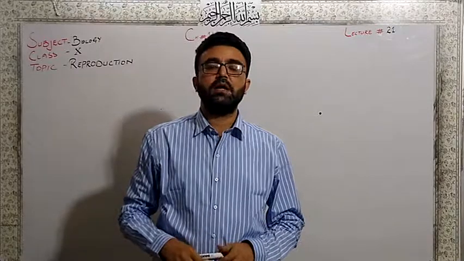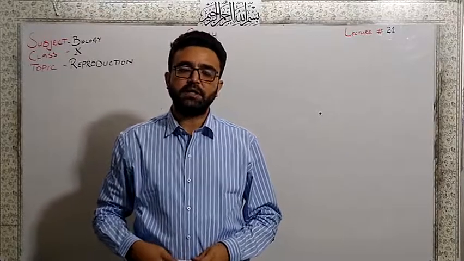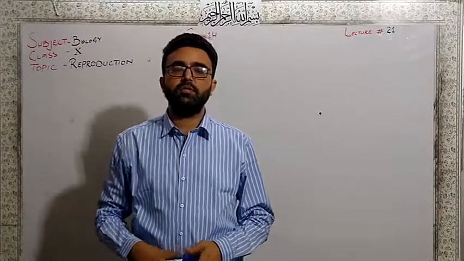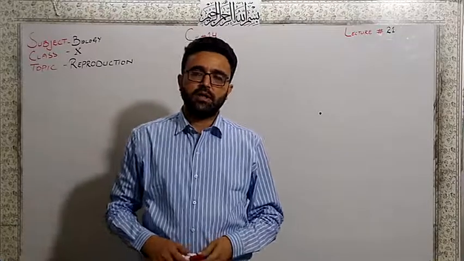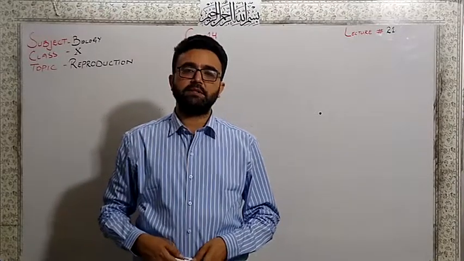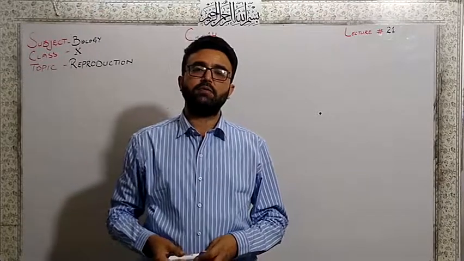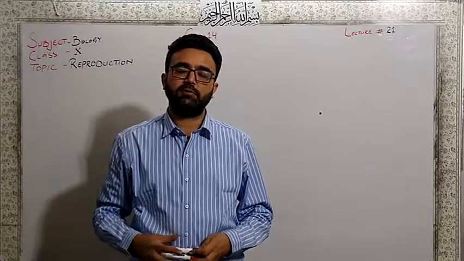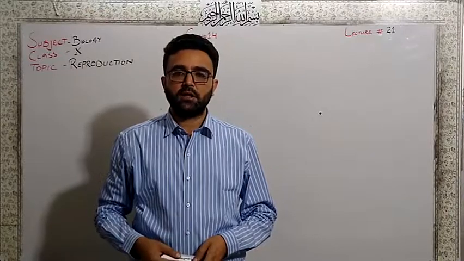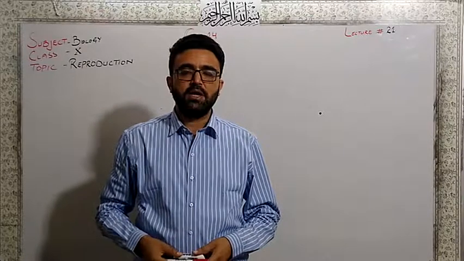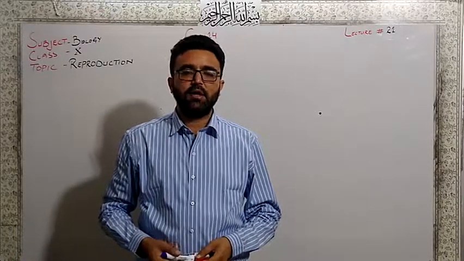First we will explain sexual reproduction in plants, and then specifically we will talk about sexual reproduction in flowering plants, and then we will study the pollination process and the different types of pollination. So these are our topics today. Inshallah, we will explain them.